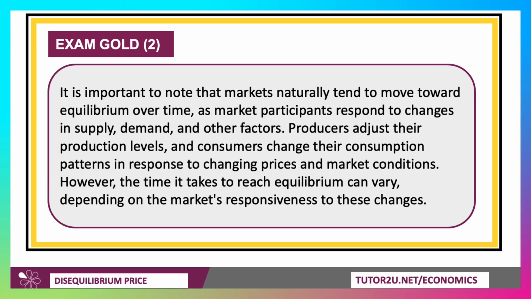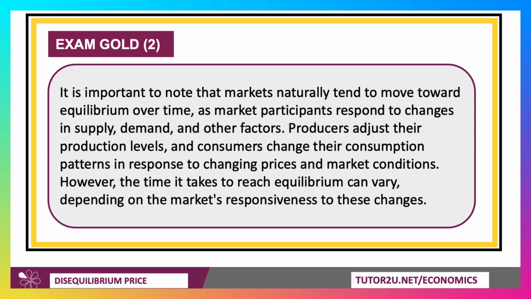But I think it's important to note that if you believe in market forces, if you believe in the price mechanism, markets naturally tend to move towards equilibrium over time, because the participants, producers and consumers, respond to changes in the market. So producers adjust their output levels, consumers change their spending, and that's the way that the market gravitates.